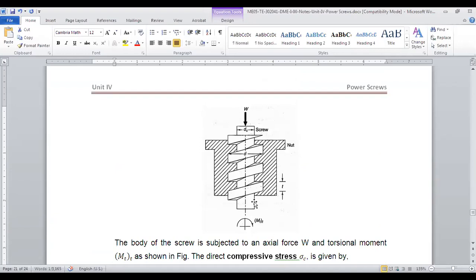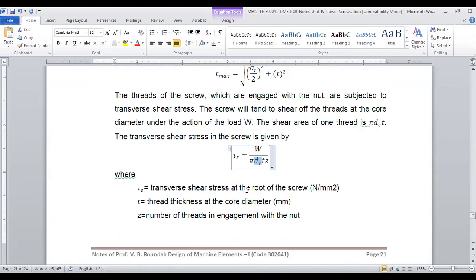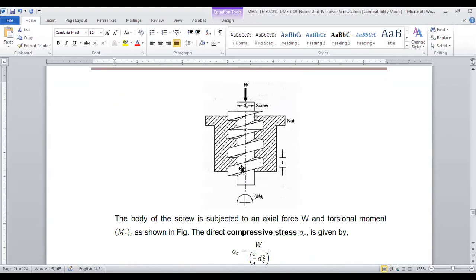Now what is the area which is taking that load W? It is pi by 4 into d square minus dc square. The outside diameter of this thread is d, the inside diameter is dc. So the area is that of a disc having a hole in it. So what is that area? Pi by 4 d square minus dc square.